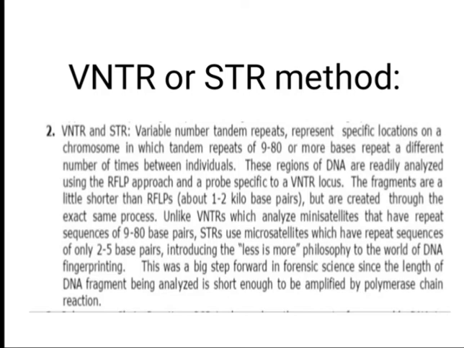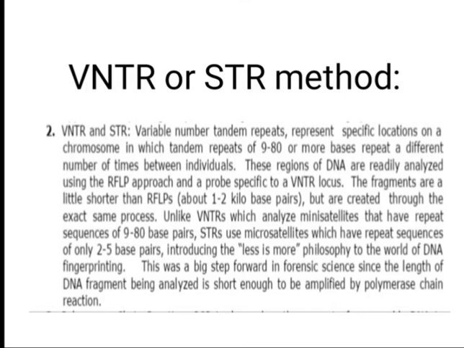These regions of DNA are readily analyzed by using the RFLP approach and a probe specific to a VNTR locus. The fragments are a little shorter than the RFLPs, around 1 to 2 kilo base pairs, but are created through the exact same process.